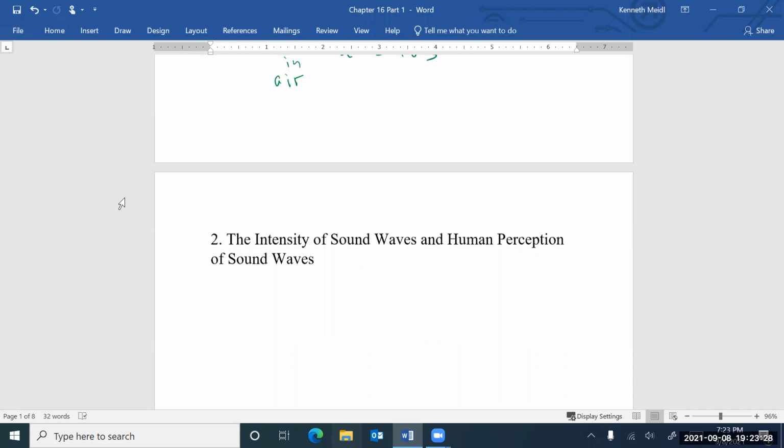So the intensity of sound waves would be something very close to the idea of how loud it is. This is a perceived loudness. Not the frequency. Frequency, little boys, little girls might have a high voice. They might be able to make beautiful singers in a choir because they can hit these high notes.